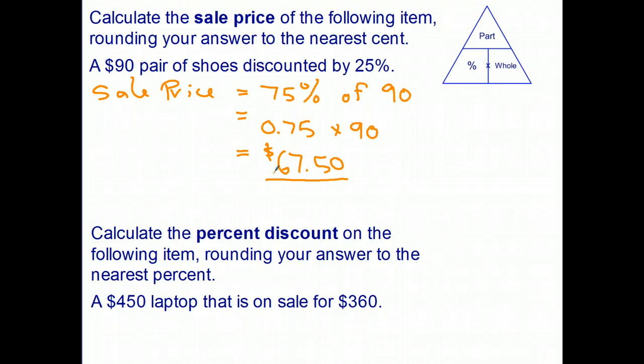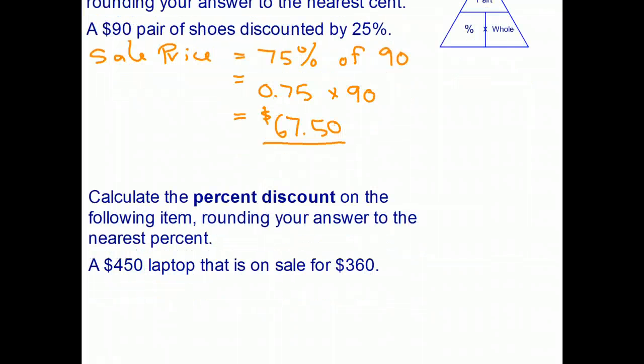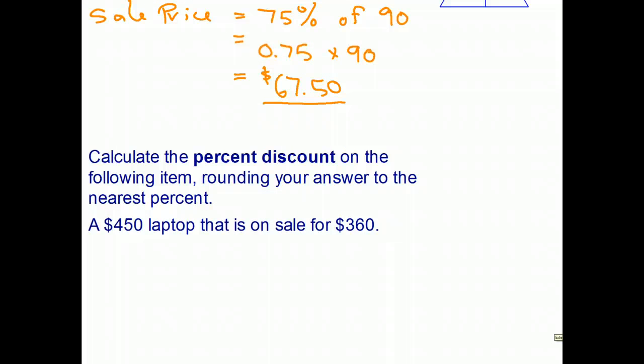Okay, let's scroll down and try the second question. Here we're being asked to calculate the percent discount on a $450 laptop that is on sale for $360.